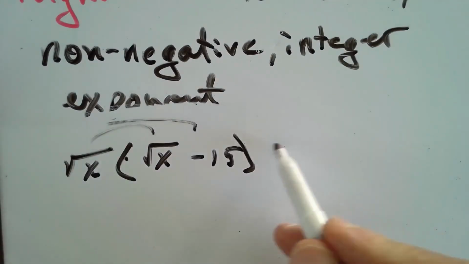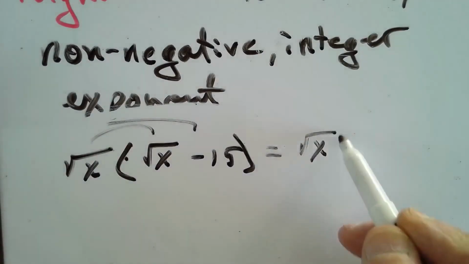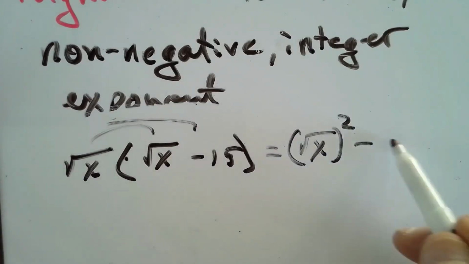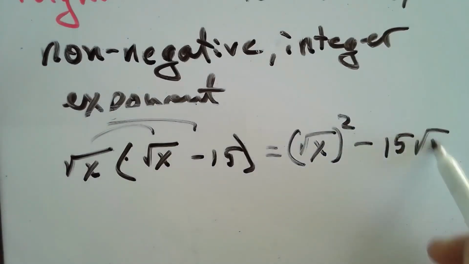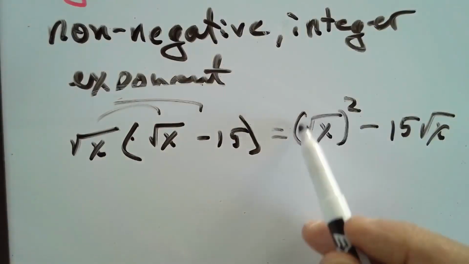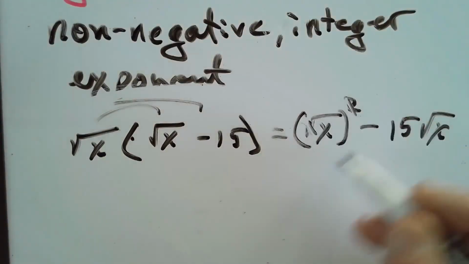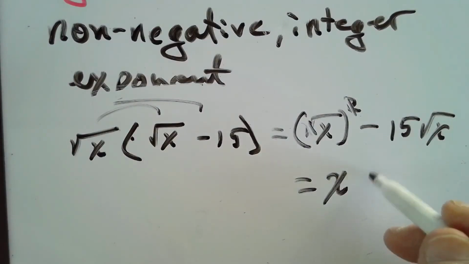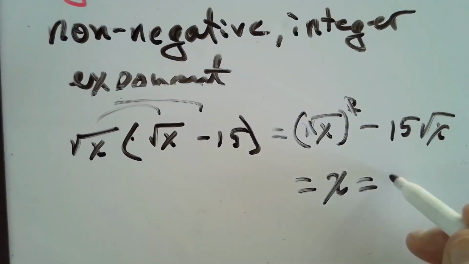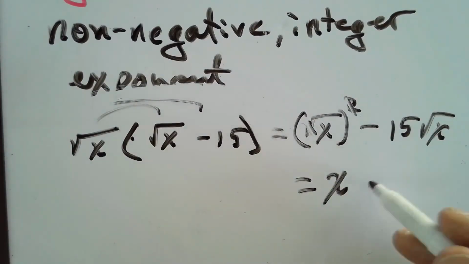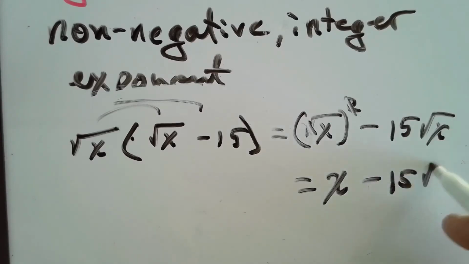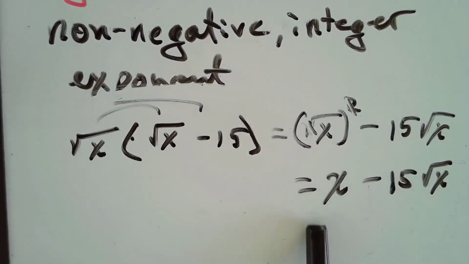If we were to distribute that, that'd be the square root of x squared minus 15 square root of x, right? Well, their inverses, right? They cancel, so you get x. So this is no longer x, but you still have that one. It's still a radical, okay? So in that case, it's not a polynomial either, okay?